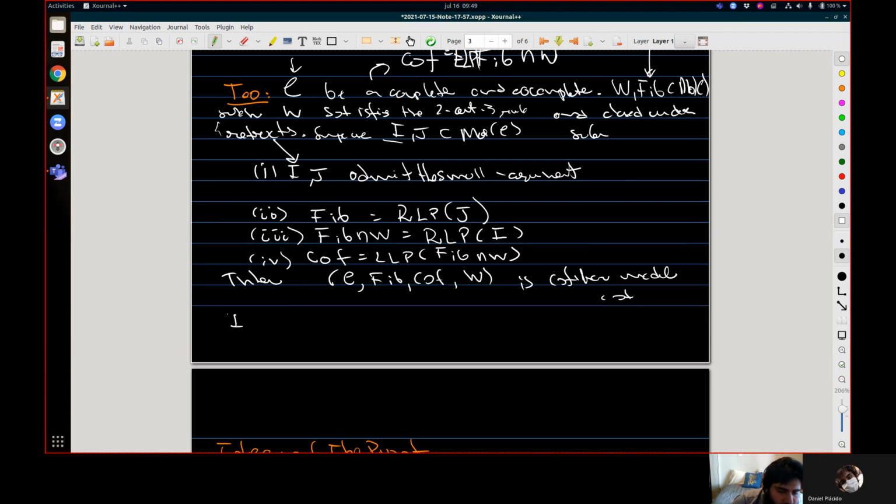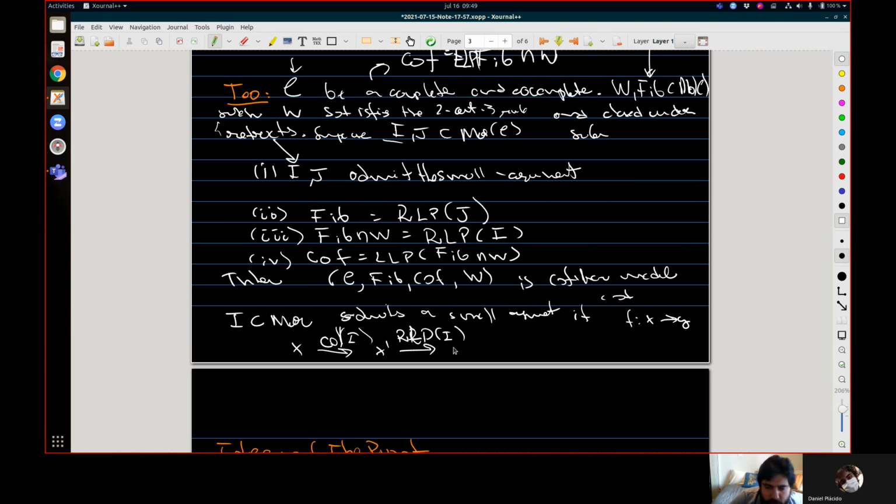So we say that a collection I of morphisms admits a small object argument if every morphism in C factors as a cell complex in I, followed by a morphism that has the right lifting property against I. So we need this because we must have factorization systems by definition of a model category.